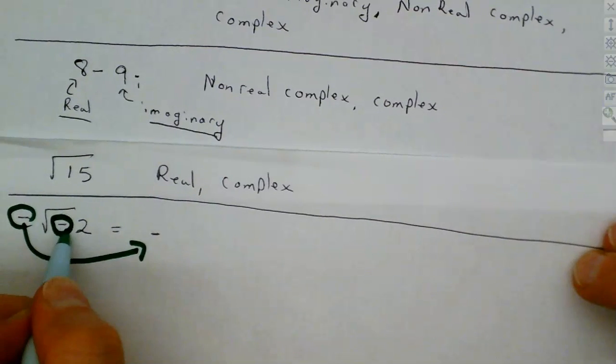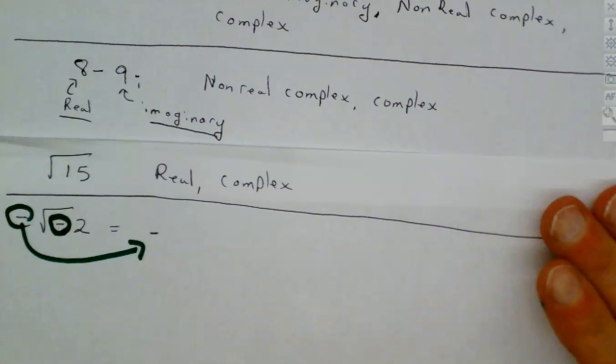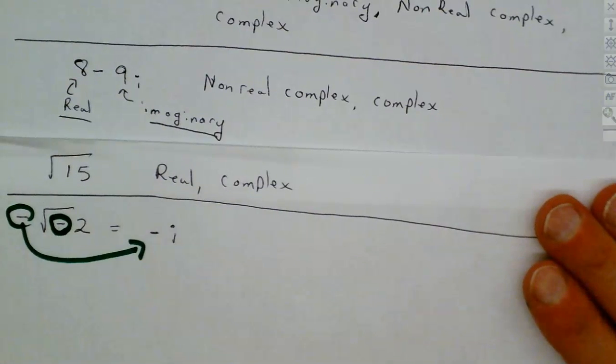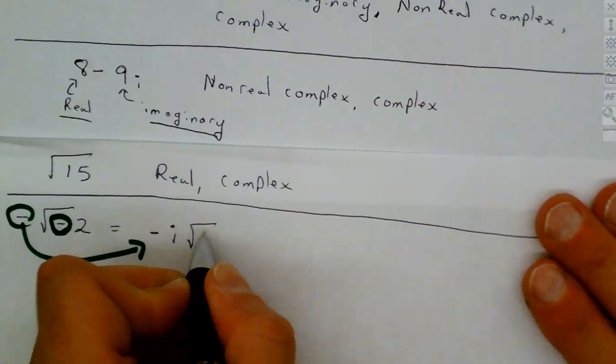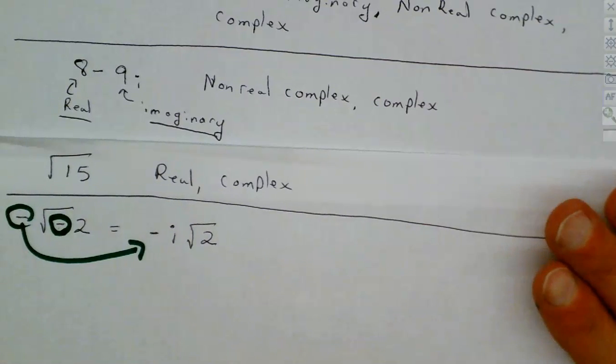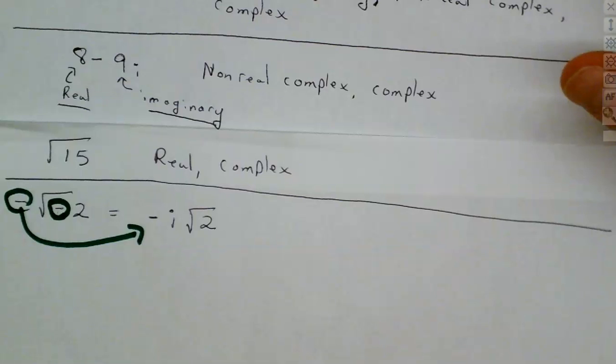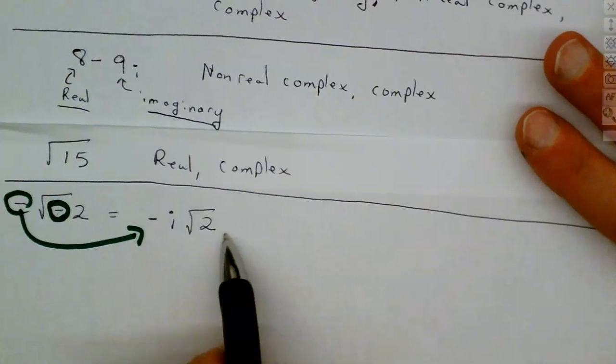What does that do? That comes out as an i. So we put the i in front. And what's left over? Square root of 2. All right, so what would this be? Is this real or non-real? Non-real. Is it pure imaginary? Yes. Okay. Pure imaginary means you only have one part. So this just has an imaginary part.